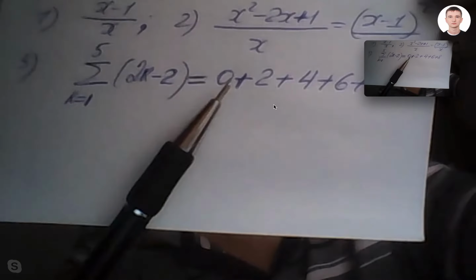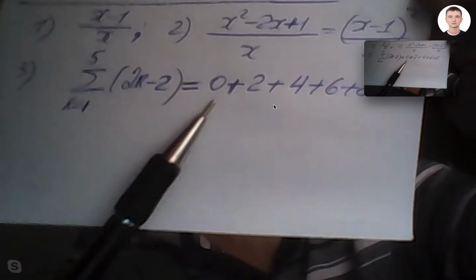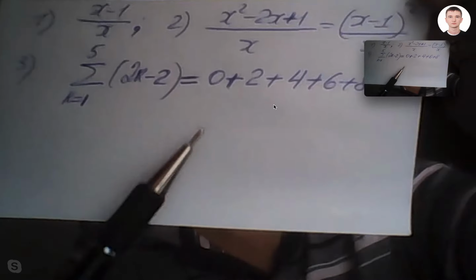This is an arithmetic series. Shall I write the sum of n terms formula for you? Okay. Sn equals n divided by 2 times (a1 plus an).